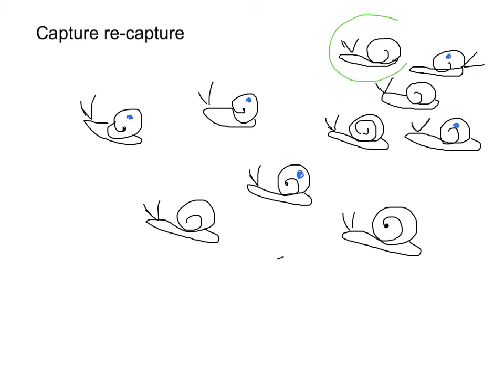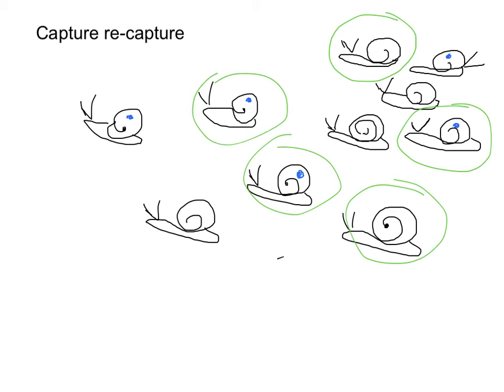If the second time I've managed to capture this one, this one, this one, this one, and this one, you can see that we have got a different set of organisms. Yep, 3 are the same, we've got 2 that are different. You would then count the number of marked individuals that you have recaptured. So here it's really obvious that we have got 3 individuals that were marked when they were recaptured.